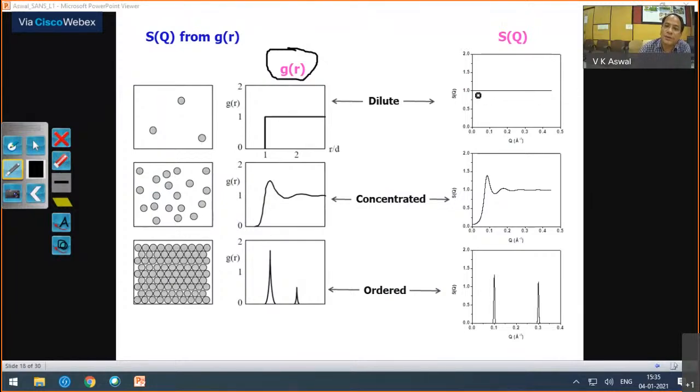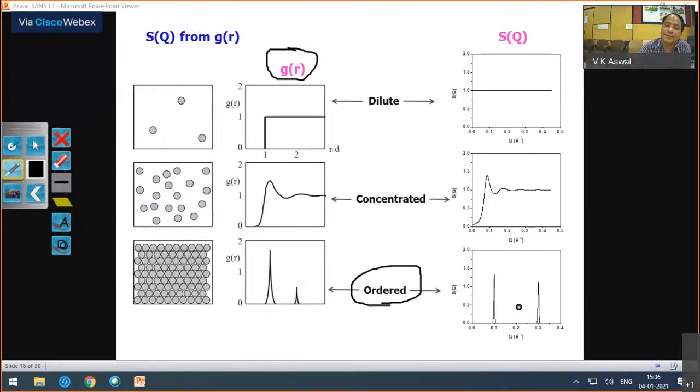And as I said, S of Q is the Fourier transform of G of R. When you have a concentrated system, we'll see this kind of pattern showing several maxima of decreasing amplitude, a typical liquid-like structure of short range order. And when you have crystalline materials, you will see Bragg peaks as seen in conventional diffraction experiments. That is the structure factor.